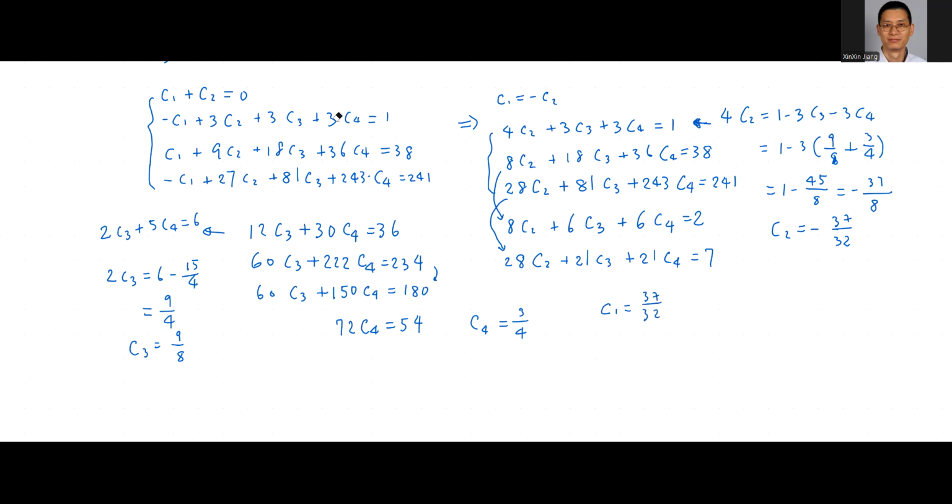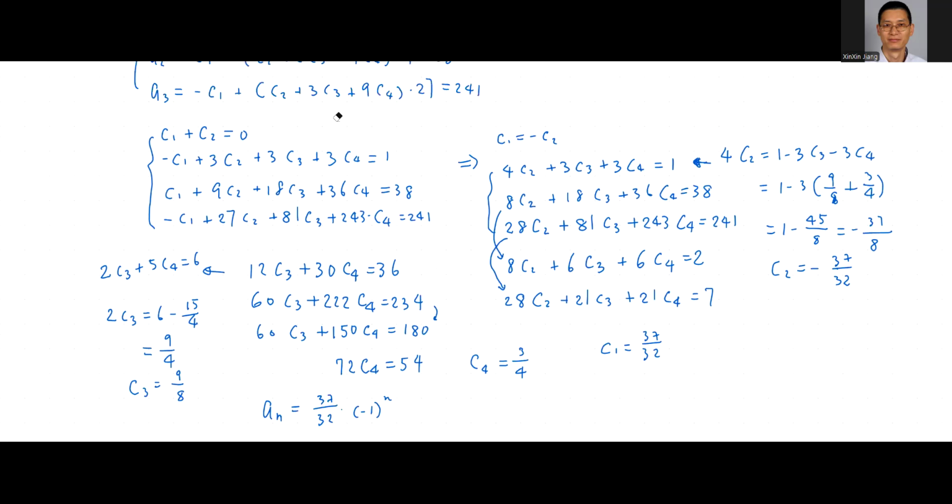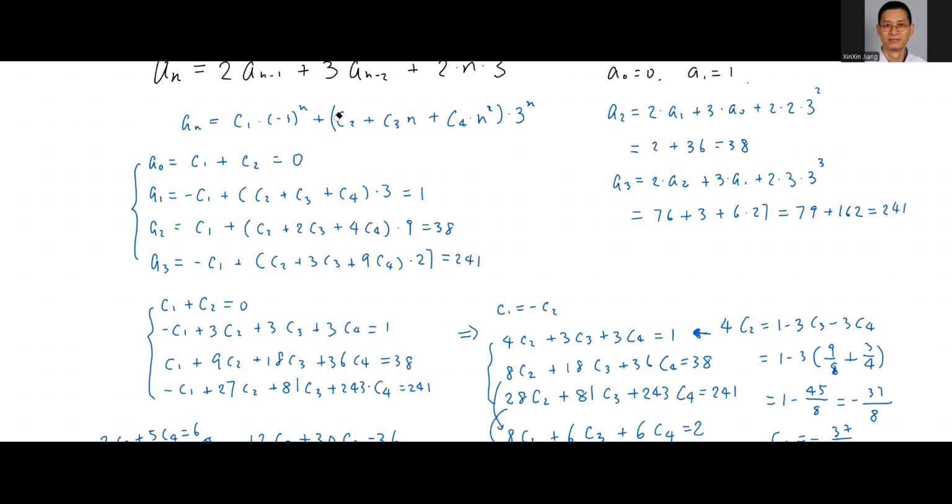All right, so finally we have A sub n equals 37 over 32 times negative 1 to the n, okay? Remember, let's move up, see this expression, C1 times negative 1 to n and so forth.